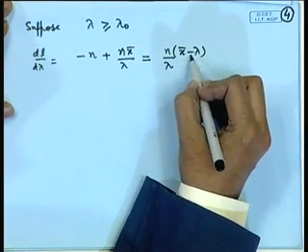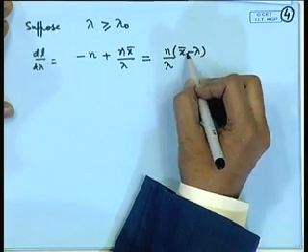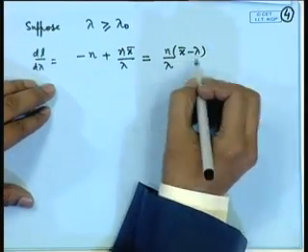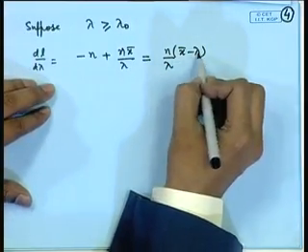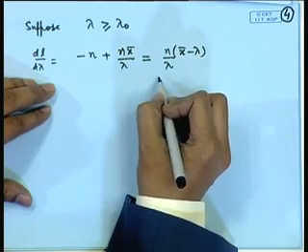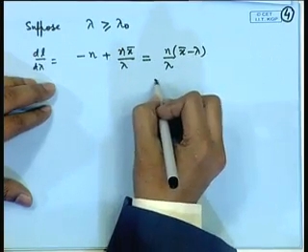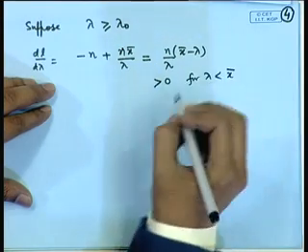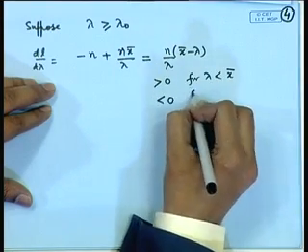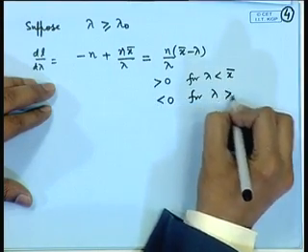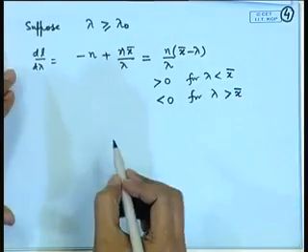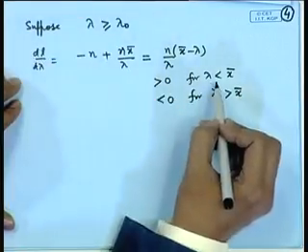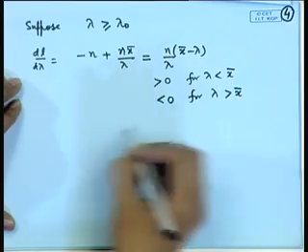So, you can see here that if lambda is less than x bar, then this is positive. It is less than 0 for lambda greater than x bar. So, we look at the behavior of the function. It is increasing up to x bar and then decreasing after x bar.